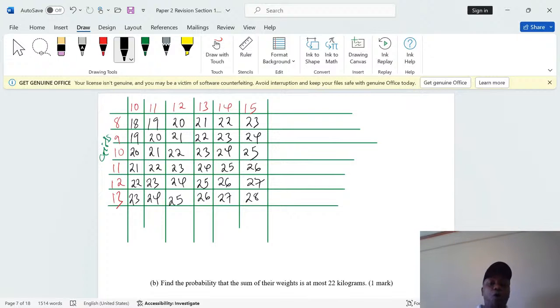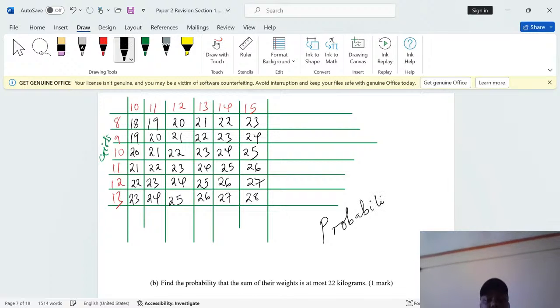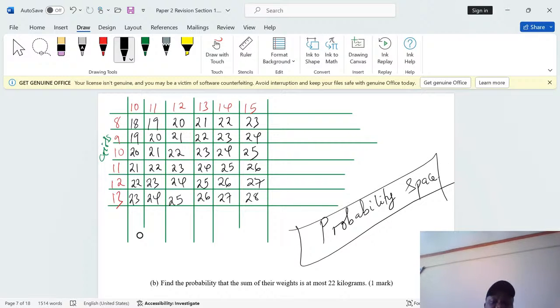So these are all the possible outcomes displayed on what we are calling a probability space. Actually, this is a simplified tree diagram, probability space.